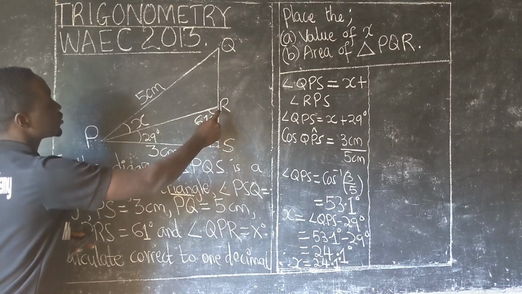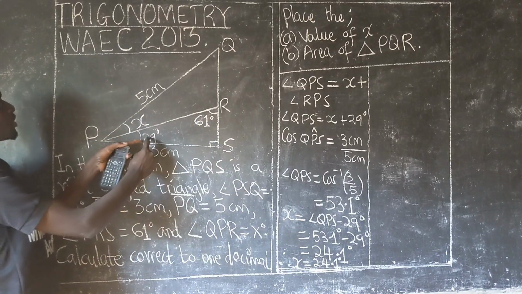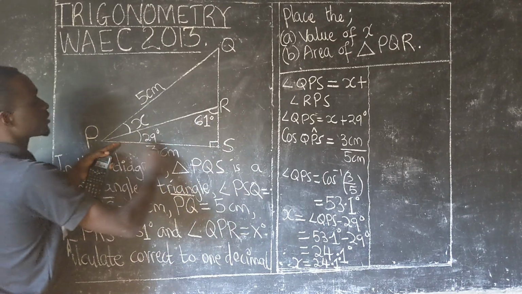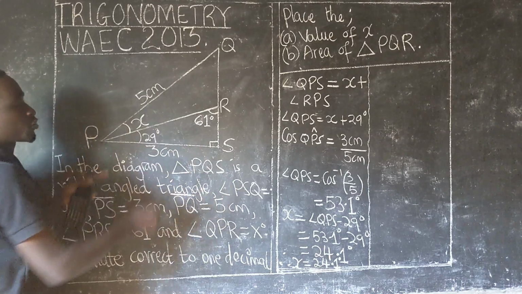Now let's first of all find distance PR. Distance PR is found using this smaller triangle here. Using this 29 degrees, this 3 centimeters becomes adjacent, and this here is the hypotenuse. Adjacent to hypotenuse, we use cosine.